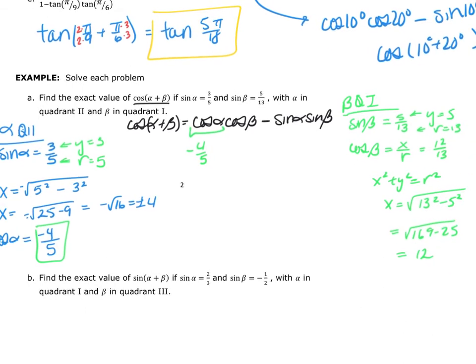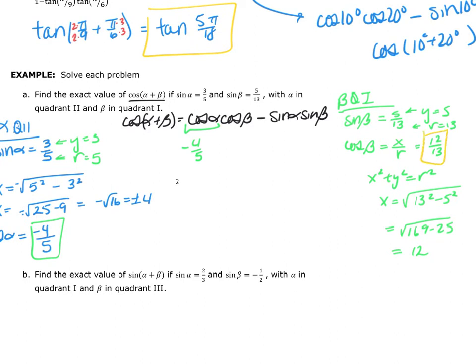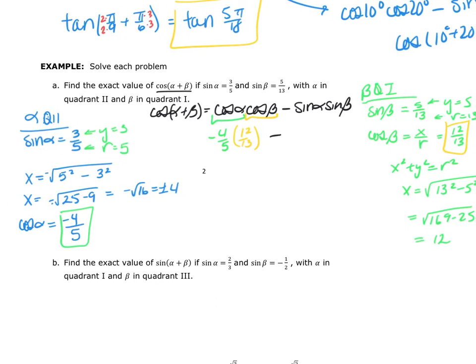The cosine of beta is this, so I replace this with 12 over 13. Minus. The sine of alpha is 3/5, so I replace this with 3/5. The sine of beta is the 5/13, so I replace that with 5/13.